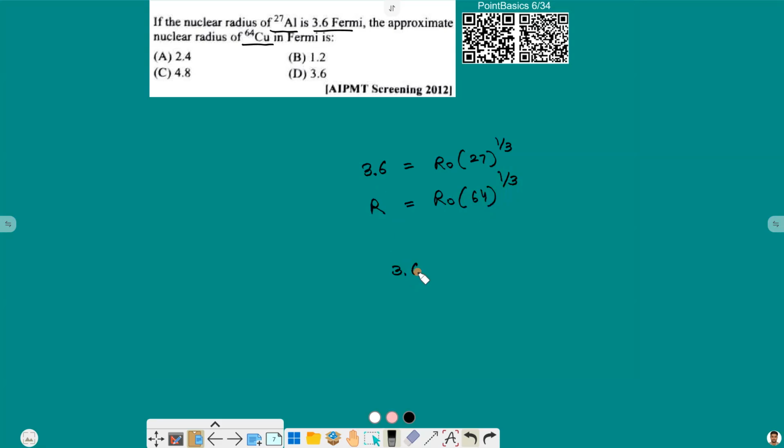Divide these two, we will get 3.6 by R is equal to 3 by 4. This will go to 1.2, and from this R is basically 4.8 Fermi. Oh, sorry, 4.8 Fermi. That is option C. Let's move ahead.